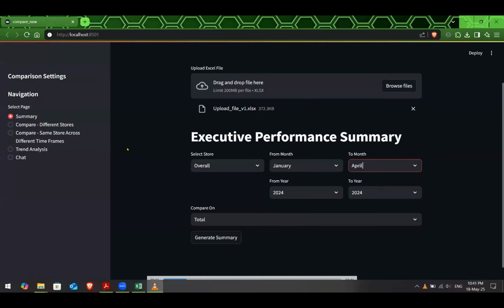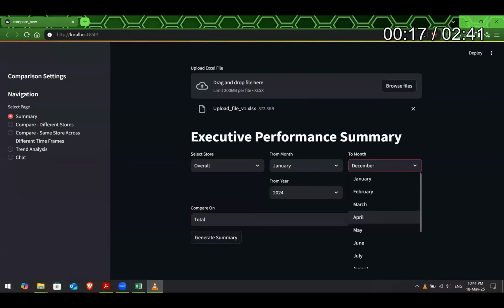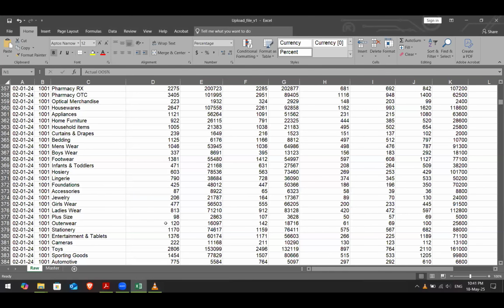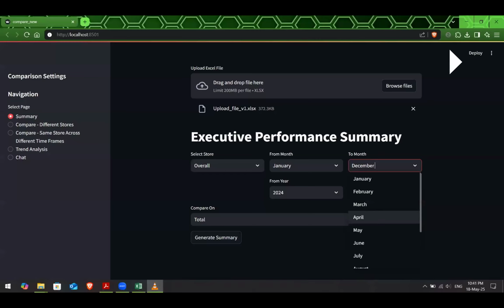You can choose a certain time period that you want, for example only from January to April. You can choose whatever store you want and compare on it. You can generate the summary only for particular SBUs or everything together as a total.